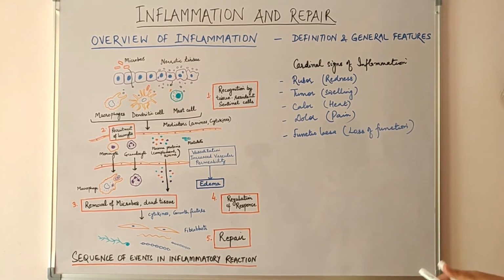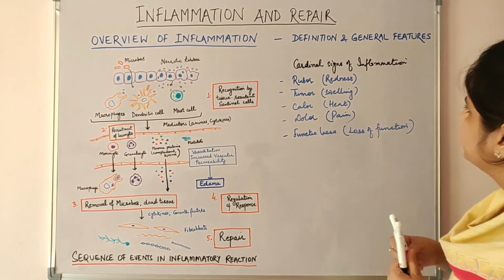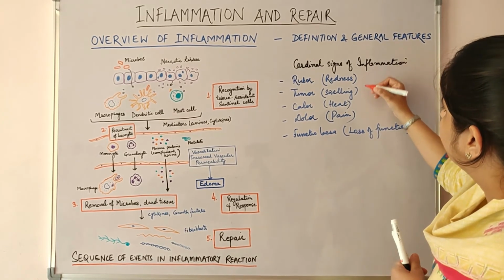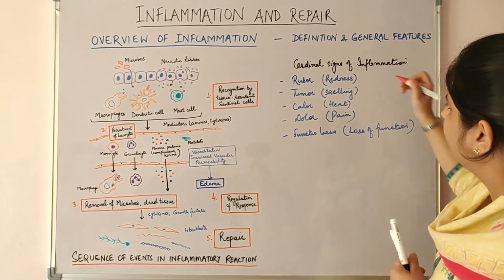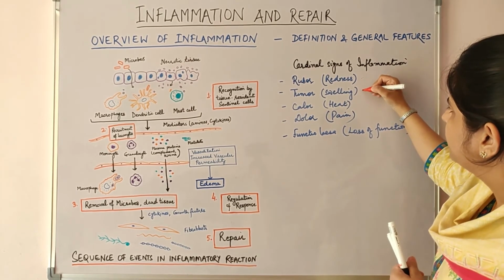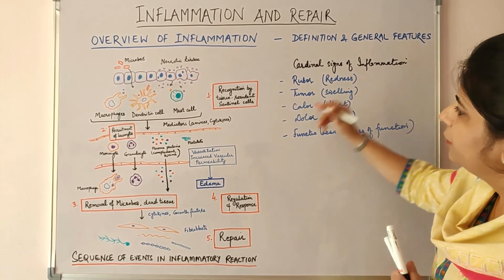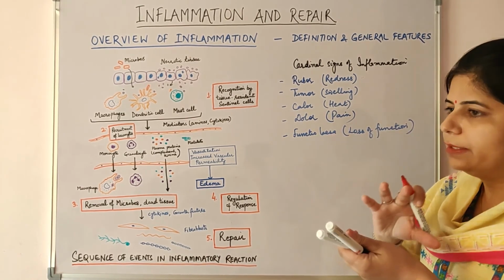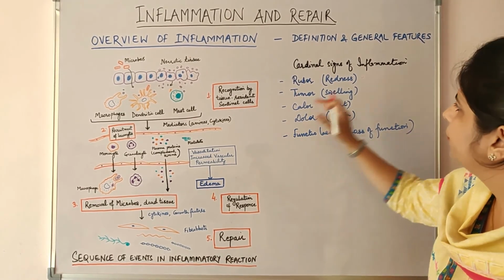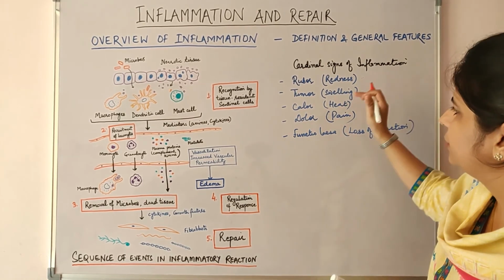So at the site of inflammation, there is redness, swelling, heat, and pain, and it is accompanied by loss of function. So why do redness, swelling, and heat occur? Now there is vasodilation, so it means there is increase in the blood flow, and also there is increased vascular permeability.